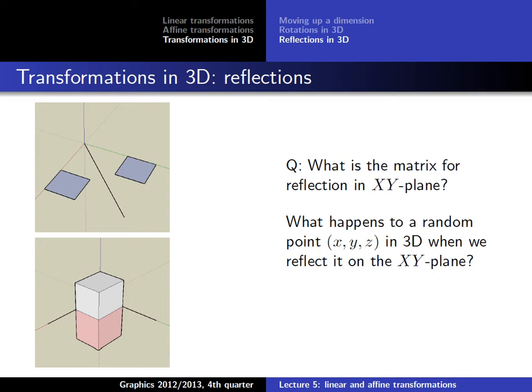The same is, of course, true for reflection. In 2D, we usually reflect with respect to a line. Of course, we can also do point reflection, but usually we reflect with respect to a line. In 3D, we can again reflect with respect to a line, and it's actually a good exercise to try that, or with respect to a point. But very often we reflect with respect to a plane.